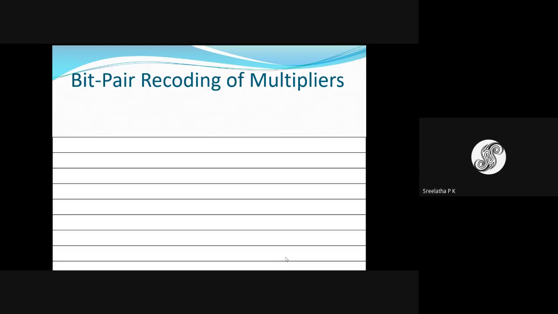You had seen in the previous video where the Booth algorithm was discussed that the multiplier is converted to Booth code, and the Booth coded multiplier is used for the multiplication process. It is very helpful when there are continuous ones and zeros. Suppose the multiplier is 0 1 1 1 1 0.